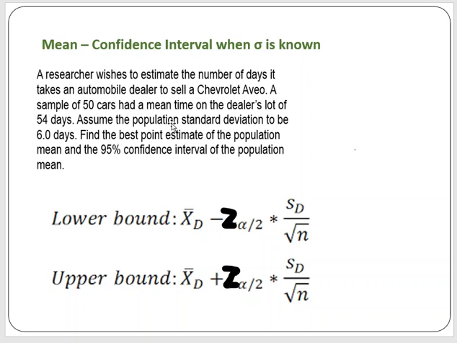So that's not S, that's sigma. And I want to find a 99% confidence interval. The formula is the same, but instead of T, I'm using Z, and I'm not using S, I'm actually using sigma here and sigma here.